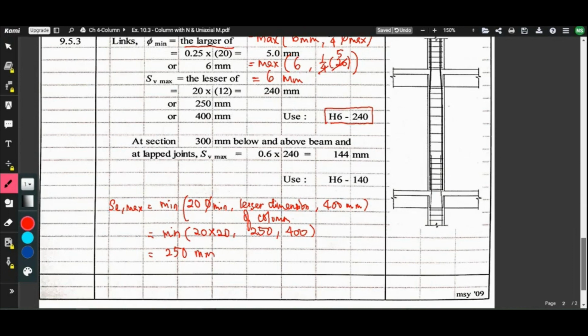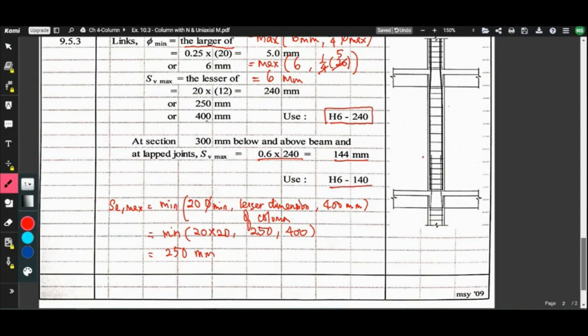Then at sections 300 mm below and above the beam, and at lap joints, the spacing should be smaller, whereby we take 0.6 times the spacing that we provide for the column. So it will be 144 mm, so use H6 at 140.